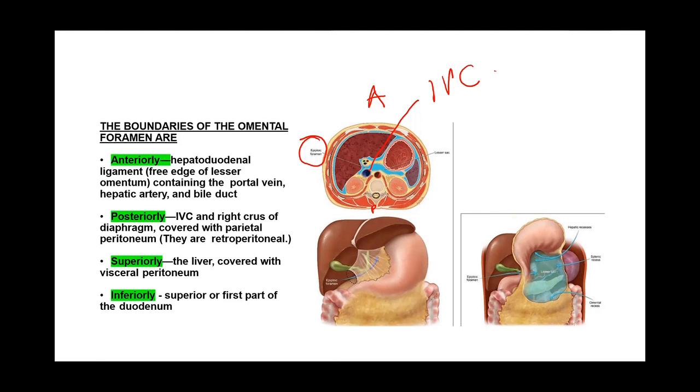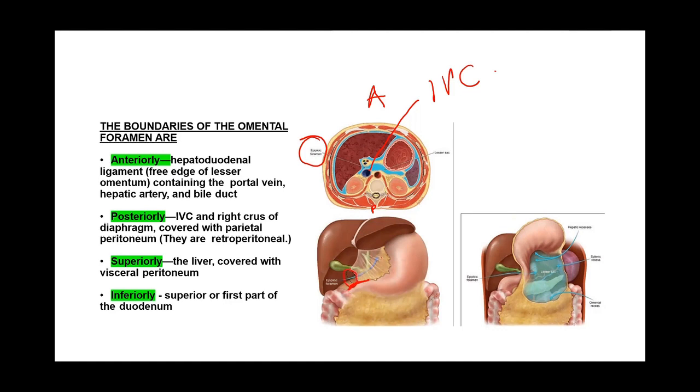Now, superiorly to the omental foramen is the liver, covered by visceral peritoneum, and inferiorly, superior or first part of the duodenum. Now, this is better demonstrated in this image. That is the inferior. This is the foramen here.